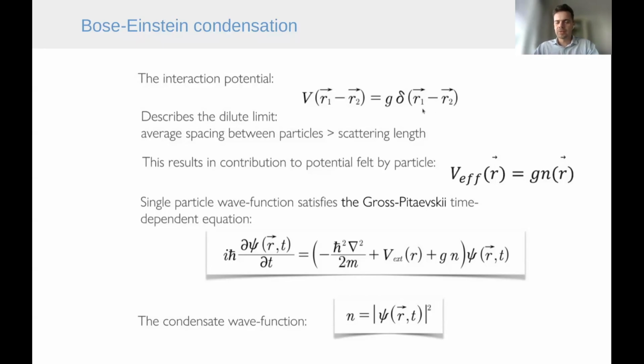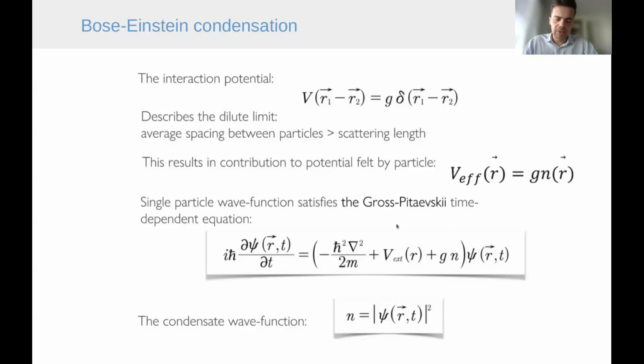So now if we have a condensate, we have many particles. Every single particle in the condensate will feel the influence of all the other particles. So the total potential felt by this particle will be proportional to the coefficient G multiplied by the average density of the condensate.